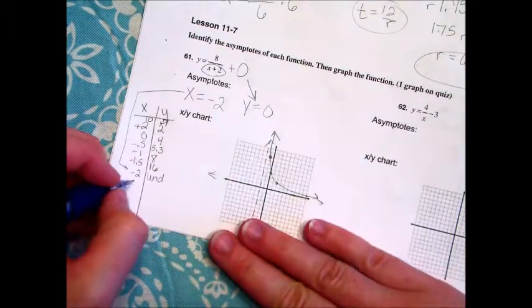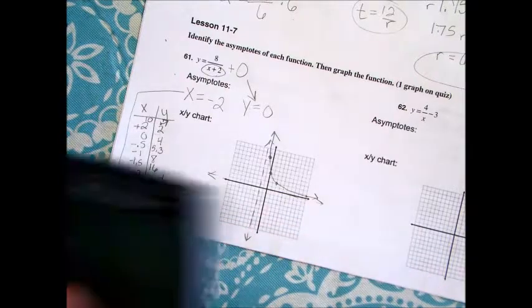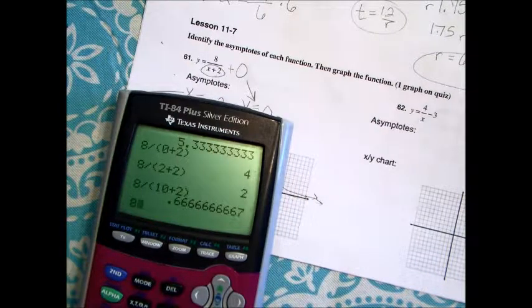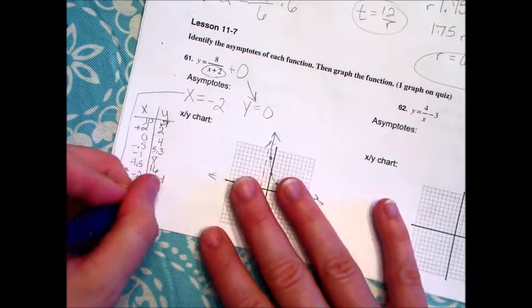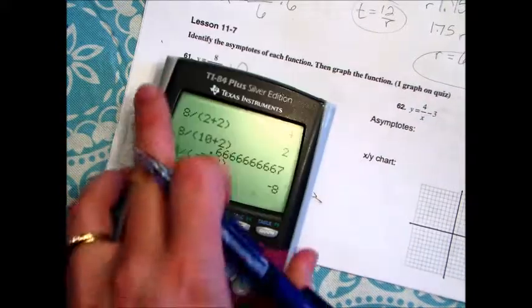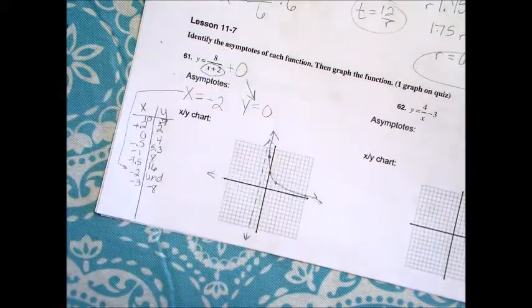So how about we plug in really close to -2? Let's see what -3 looks like. You can pick numbers until you get a pretty graph. So -3 is going to be -8. Why don't I try -4 and see what happens? I get -4.